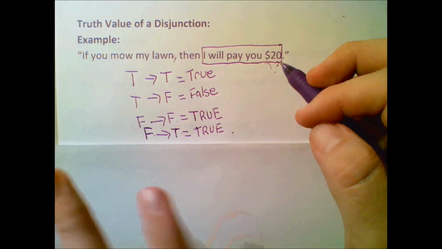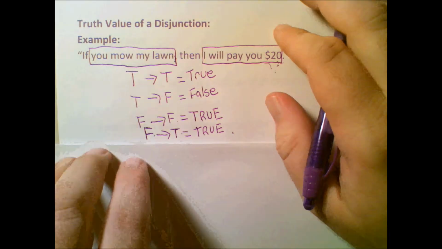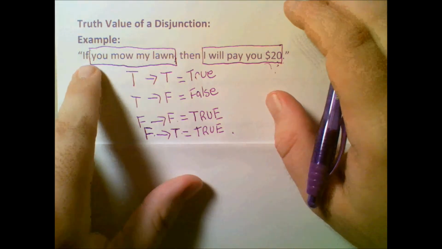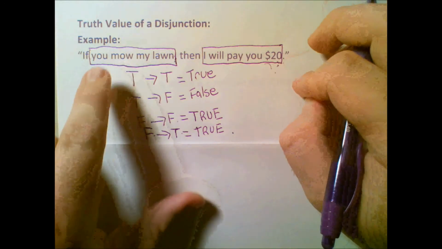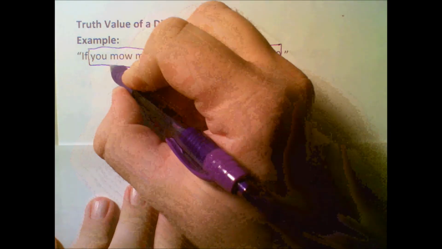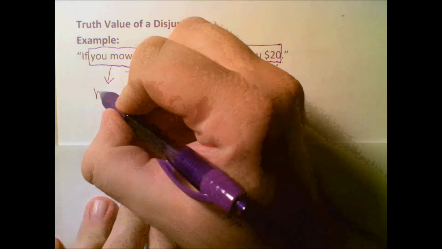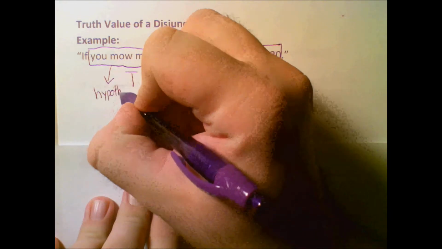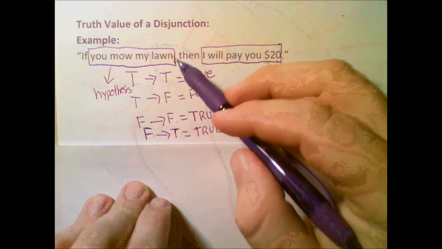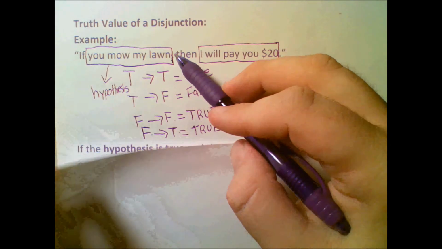Okay? Now, we're going to go over some more examples to help you figure this out a little bit more. But before we do that, there are two things I need to talk about. These two statements, you mow my lawn and I pay you $20, we have some terms for them. The first part is what we call the hypothesis. The hypothesis is what you are going to do.